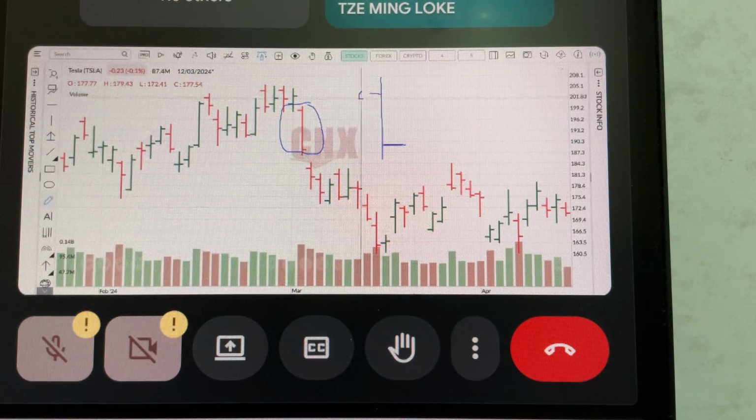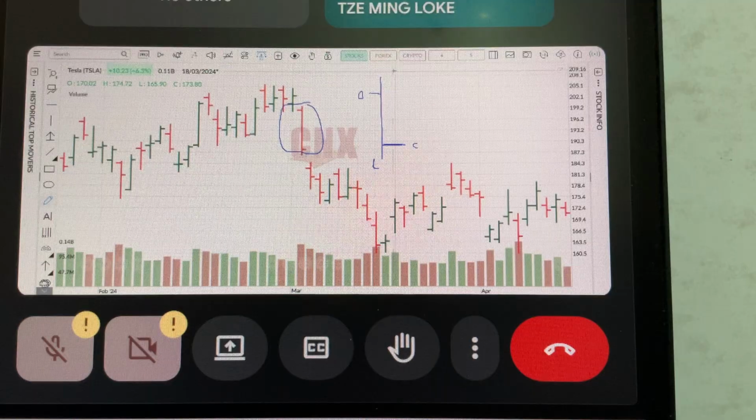This is the opening. This is the closing. This is the lowest. This is the highest. Here is the highest. So it gives you 4 pieces of information.